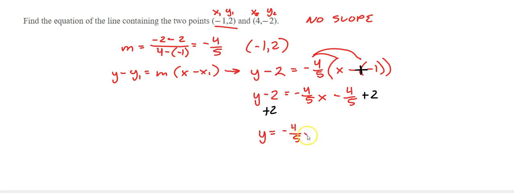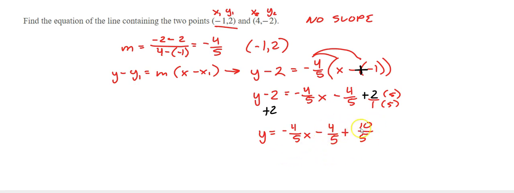negative 4/5 x. Okay, right here I have plus 4/5, but let's remember, I don't have a common denominator here. This is basically over 1. So to make these the same, I'm going to multiply both the numerator and the denominator by 5. So 5 times 1 is going to be 5, and then 5 times 2 is going to be 10.